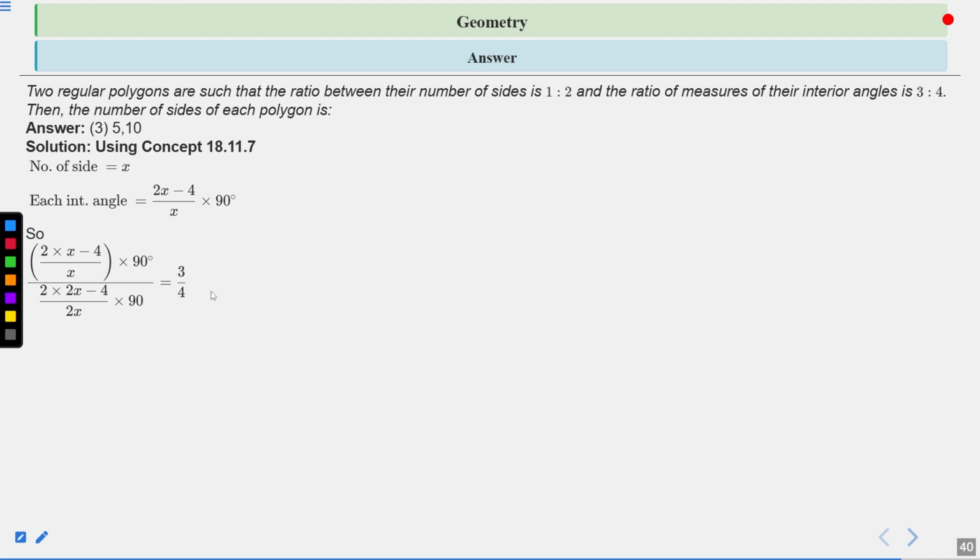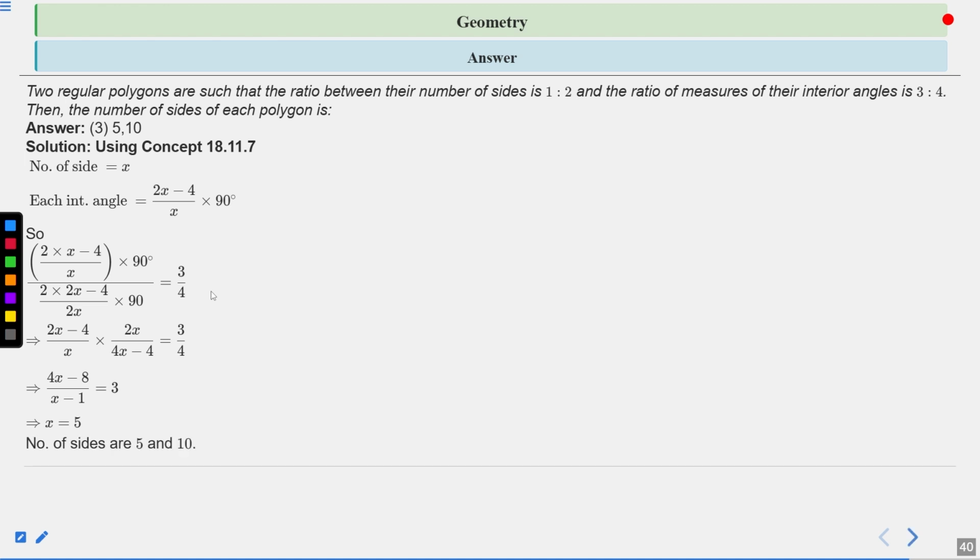So we can say that 2 into (2x − 4) upon x into 90, upon 2 into (2·2x − 4) upon 2x into 90, equals 3 by 4. When simplifying, we get (2x − 4) upon x into 2x upon (4x − 4), which equals 3 by 4. Simplifying further, we get (4x − 8) upon (x − 1) equals 3. So x equals 5.